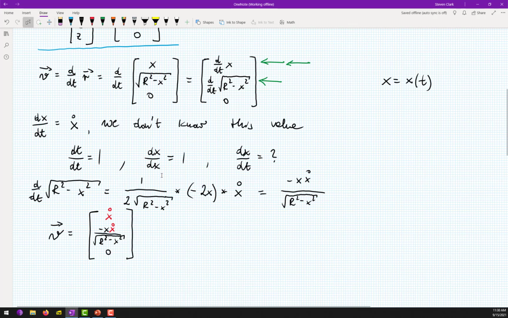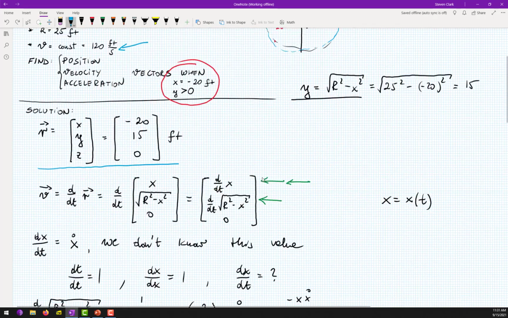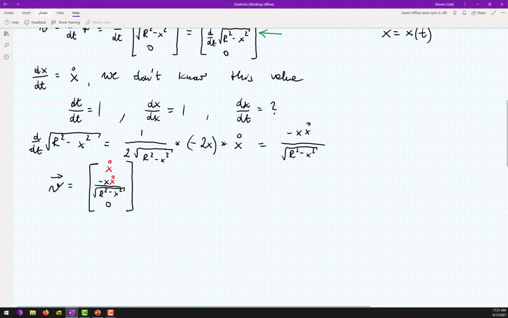Any idea how I can find x dot? Perfect. And v is the length of the vector, it's a magnitude. Exactly. So basically, what Lars proposed is that we should use another known they gave us. They told us first of all that velocity is constant. So at every point on the trajectory, the length of this red vector is constant, and it is equal to 120. I'm gonna do exactly what you said. Let's put it in mathematical formalism.